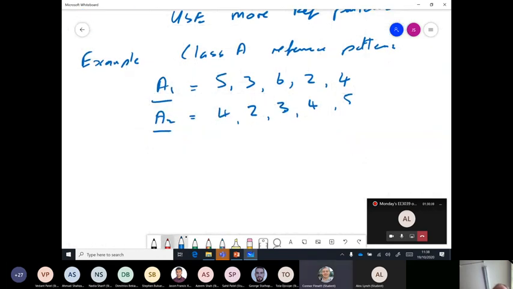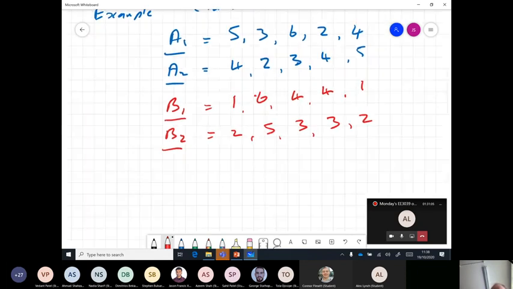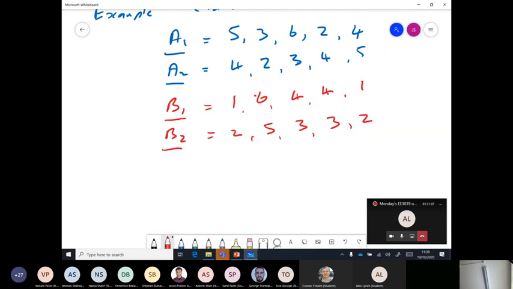And for class B, B1 can be 1, 6, 4, 4, 1, and B2 is going to be 2, 5, 3, 3, 2. Now this is an example I'm making up on the spot, so I hope it works. So those are my reference patterns.